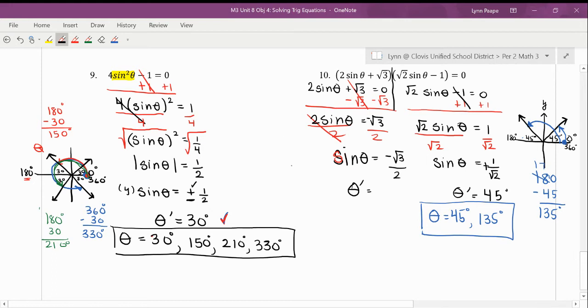And then where is sine negative, right? So sine is negative where y values are negative, so headed down. So you figure out what is that theta prime. And then you figure out what is the rotated angle into quadrant 3, and then what is the rotated angle into quadrant 4. So you guys figure out both of those and see what you get on that, okay?